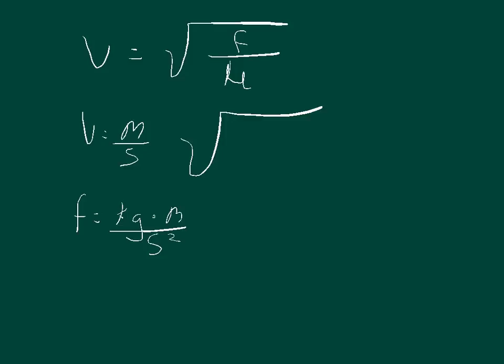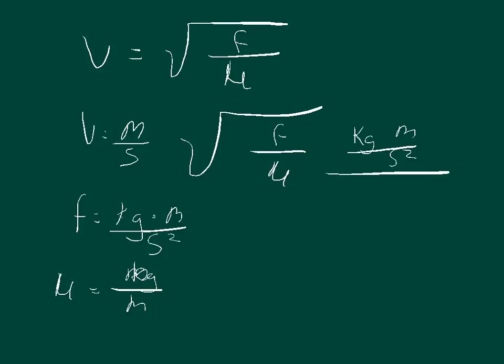And then this linear density is mass over length, so kilograms over meters. And so what we get whenever we have force over linear density is kilograms times meters per second squared over kilograms per meter.